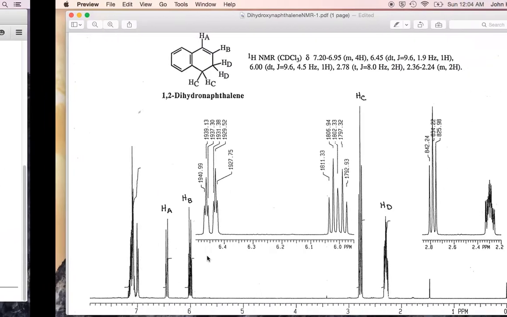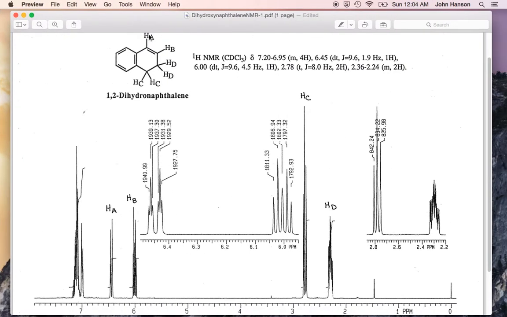So if we go back to our system here, and we think of HA, it's going through a multiple bond and then a single bond, and there's an HD, so that certainly fits into that category. And there is a little bit of splitting there. Because there are 2 of them, it splits that into a triplet. If we wanted to know what the coupling constant was for that, we would just again subtract the numbers between these two lines.